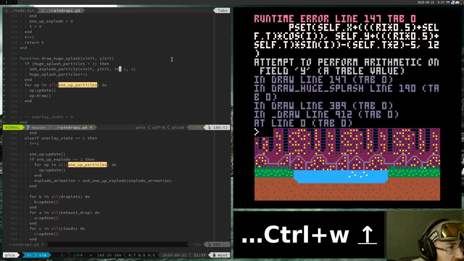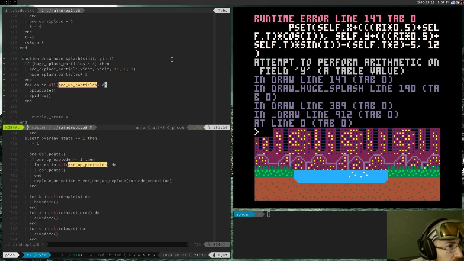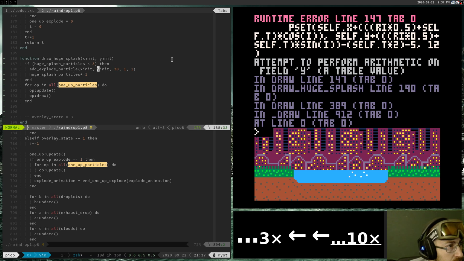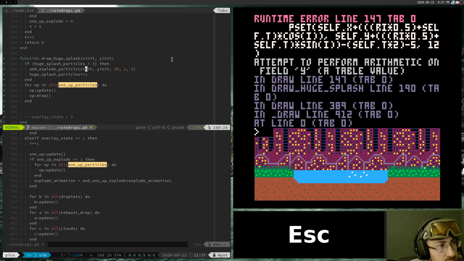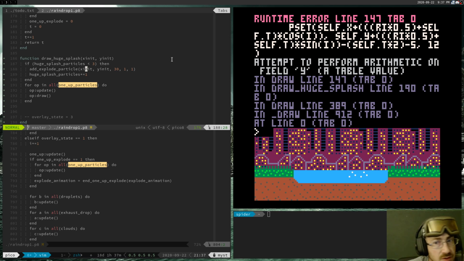Over here, we're updating, and then we're drawing all the one up particles. So I thought we would be adding more particles over here. Add explode particle. All right. Okay. So we gotta finish this, take care of that over here somehow.